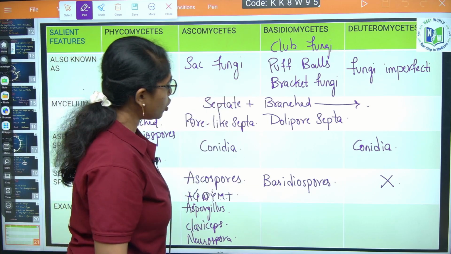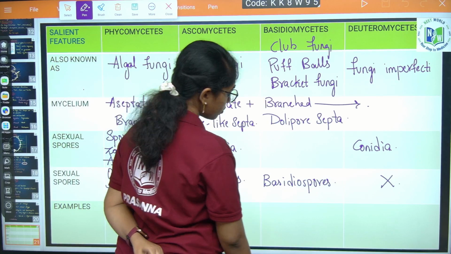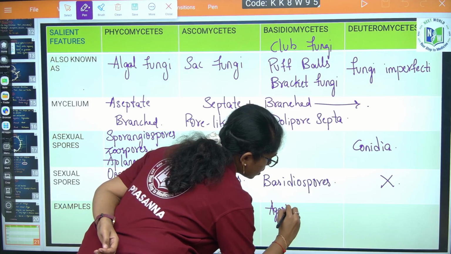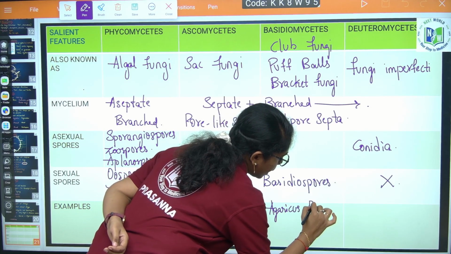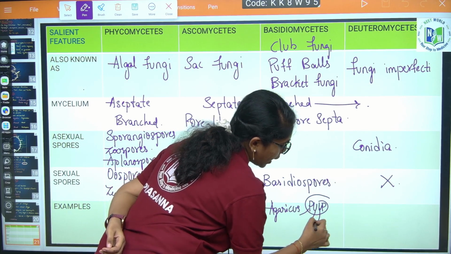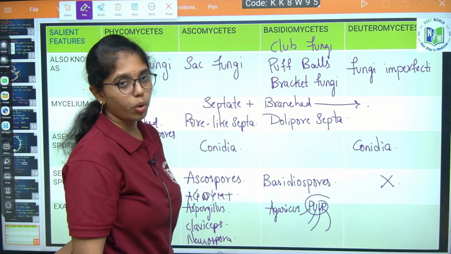Next, Basidiomycetes include Agaricus and PULP. A PULP we said, right? P, Puccinia, Ustilago, Lycoperdon and Polyporus.